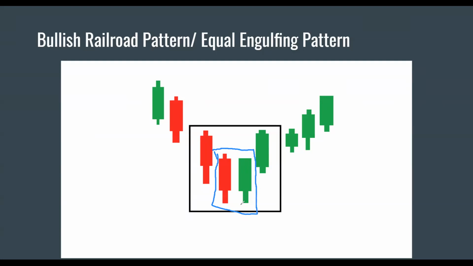And the great part is when they have these wicks right here, these little wicks at the bottom down here, and these wicks right here, that's a beautiful thing, okay?